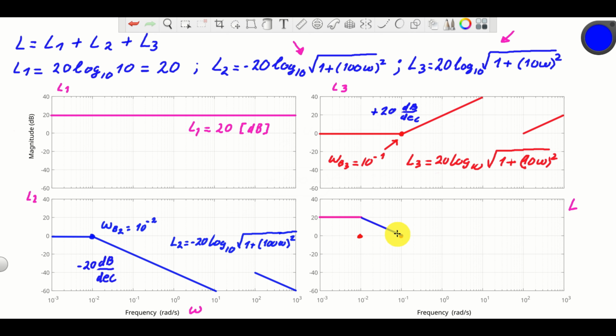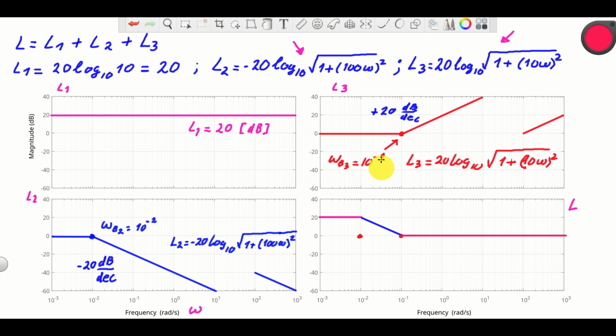After this point, this minus 20 dB per decade will be cancelled by this plus 20 dB per decade, and what will happen over here? I will have a simple straight line, starting from here, and that's it. And this is our asymptotic approximation of our L.